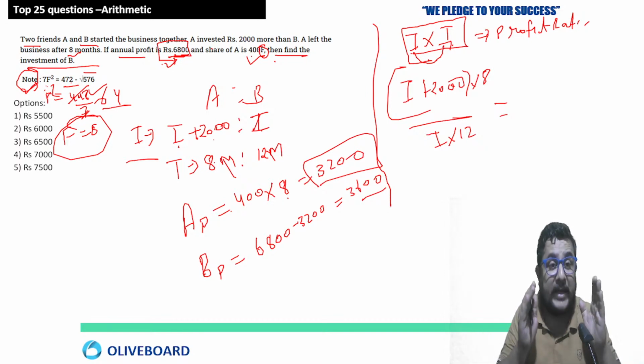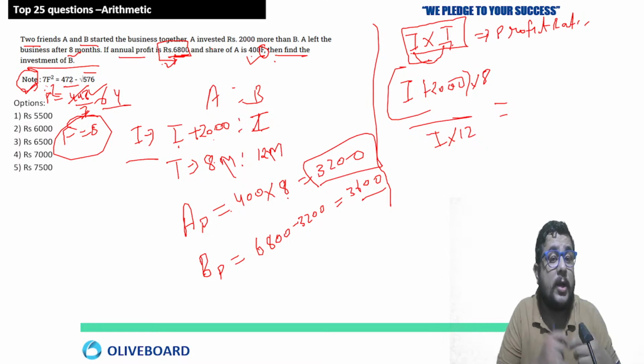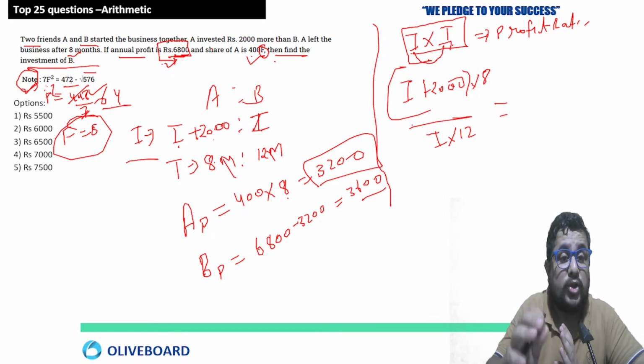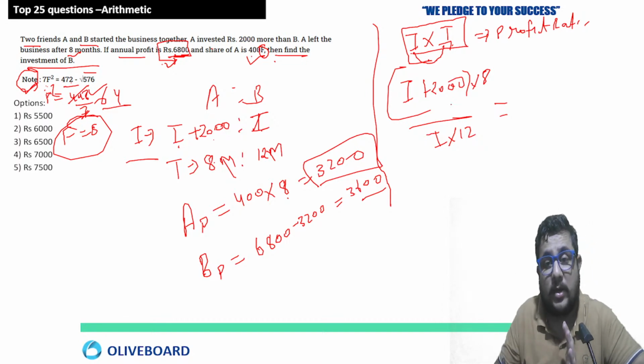Your main basic approach must be to attempt the questions which are easier, which will not take much time. You need to be very active about question understanding, and don't waste much time on any particular question.